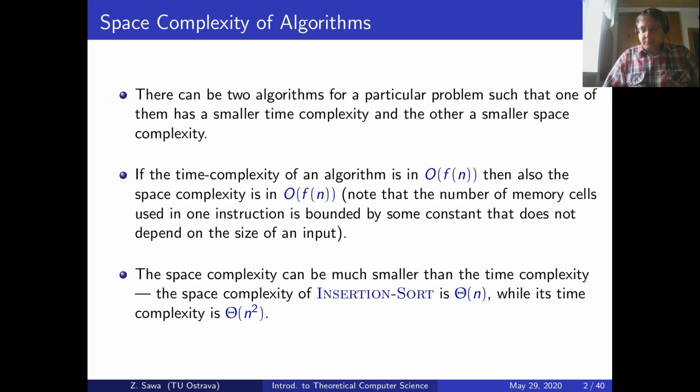But there is only a constant number of such memory cells, and they are negligible with respect to the size of the array when n is big. So it's quite obvious that the space complexity is in theta n in this case.